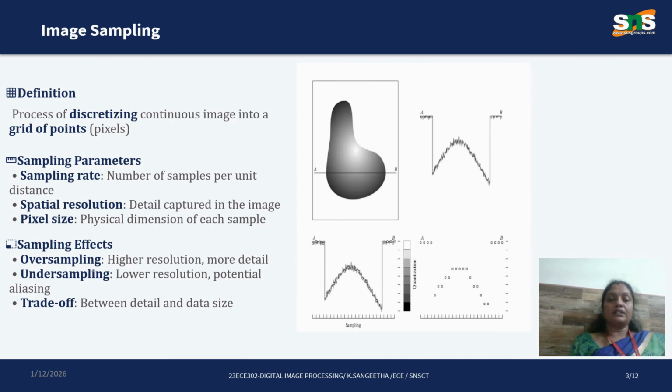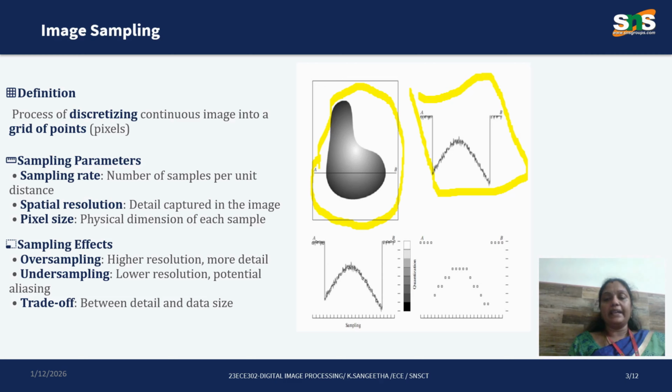This is the image, and this is the 2D image, that is f of x comma y, where x and y are pixel values in the x position and y position, and first it should be converted into a 1D image according to the gray value.